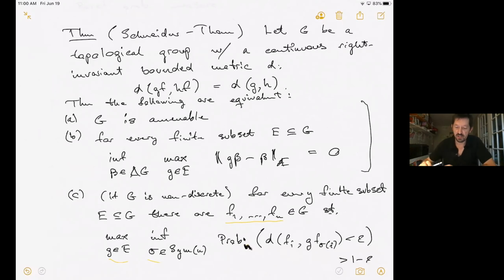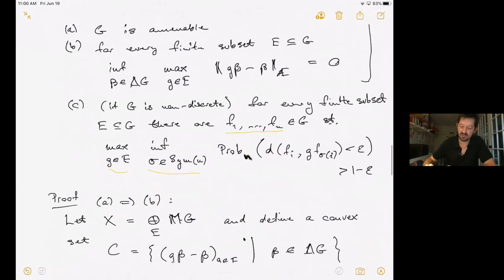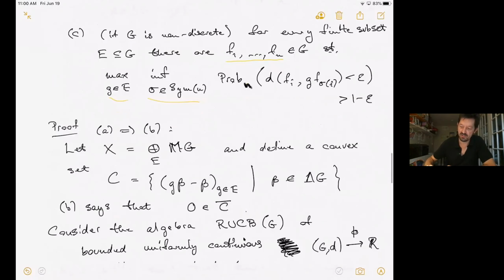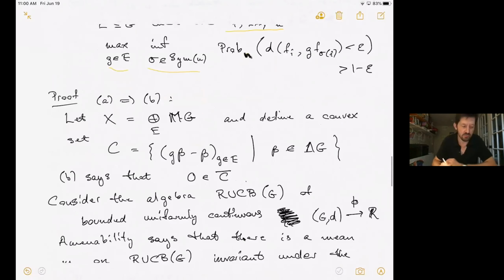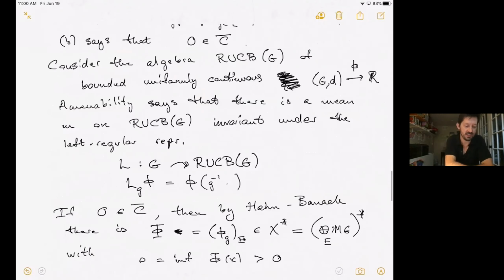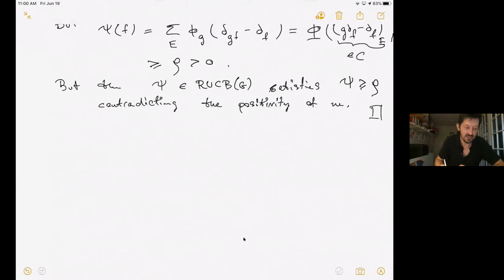You don't need exactly this formulation, but you can. One thing I proved using amenability is the following statement. Suppose X is a Banach space.